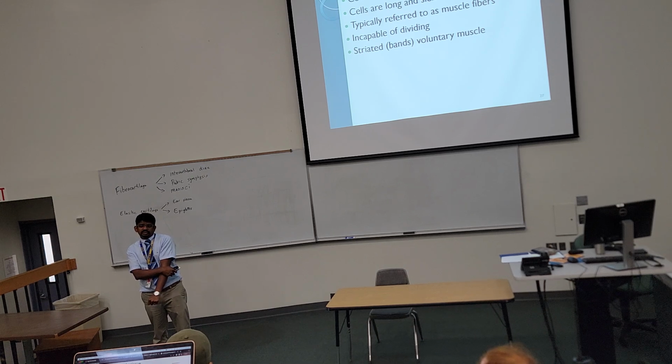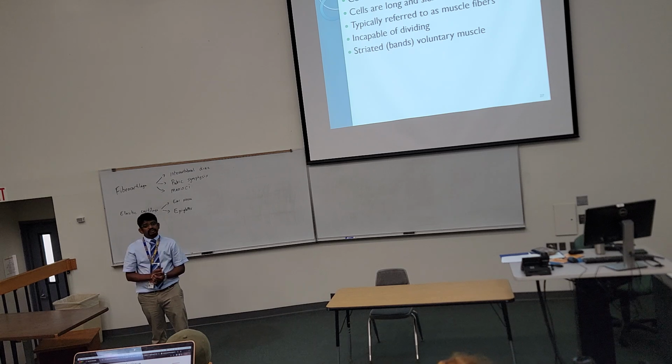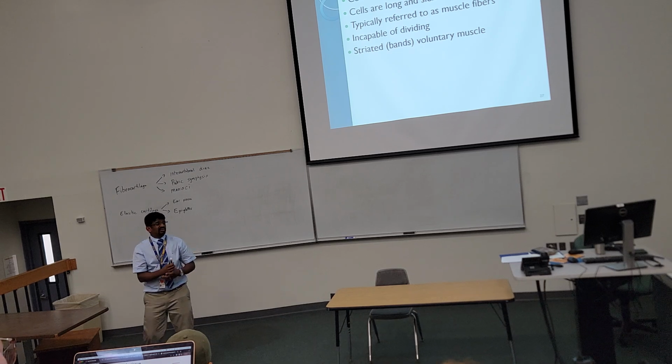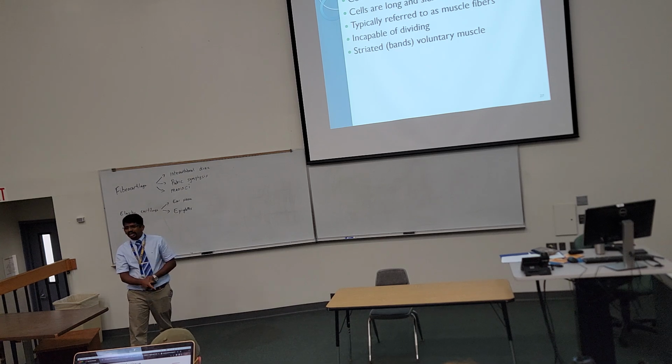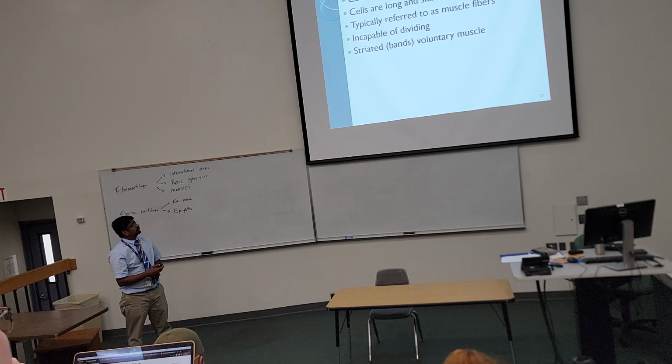How did we achieve that? The number of cells does not change, but the size of the cell changes. That's how muscles, as an organ, increase in size. So we do not divide skeletal muscle cells. Same thing with cardiac muscle cells, while smooth muscle cells we can divide. But these two we do not.